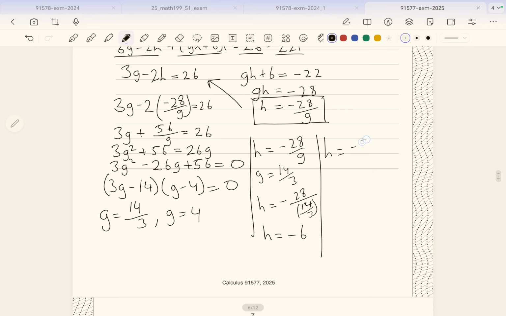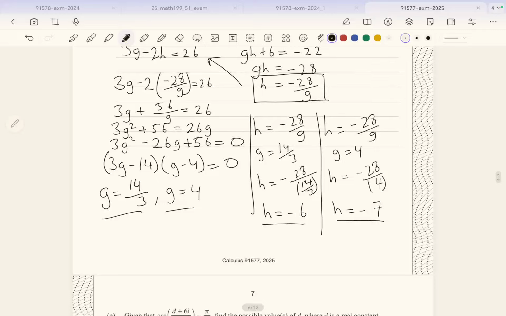In the other case, if g is 4, h is equal to -28/4, so h is equal to -7. So these will be our values for g and h respectively.